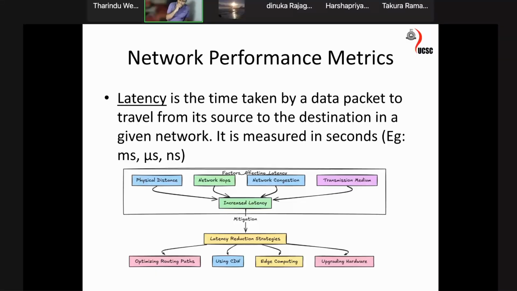Usually the accepted view is that fiber has the lowest latency and copper is a bit higher. Wi-Fi usually has the highest latency from a latency perspective, but there are situations where you can see that Wi-Fi or wireless has lower latency due to physical distance.